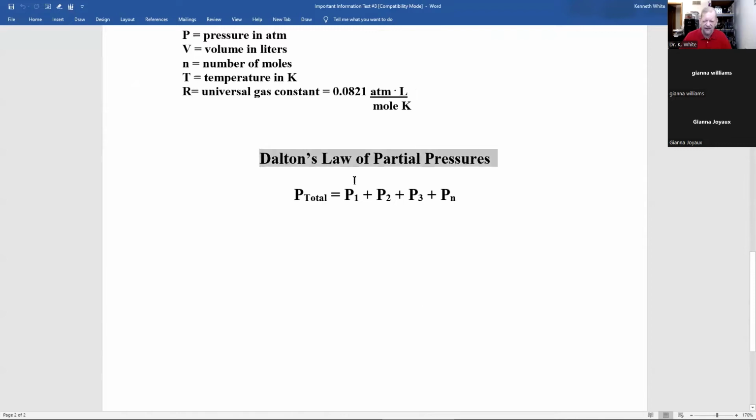And if you look at important information, which I'll have later up today or tomorrow for quiz 3, you see I have Dalton's law of partial pressures. And the total pressure, what this means is the sum of all the individual partial pressures. Total pressure is the sum of all the partial pressures.